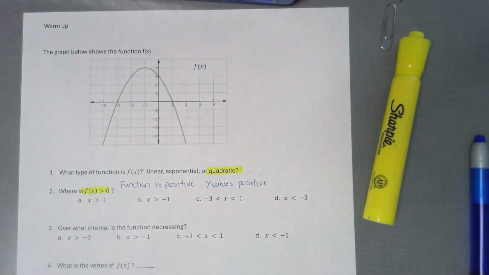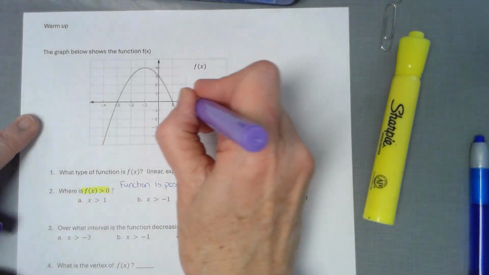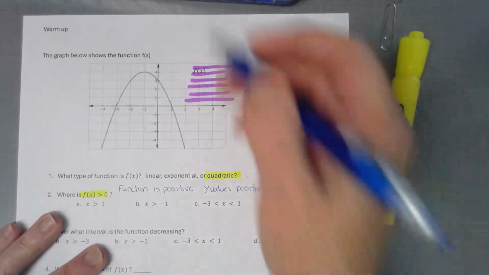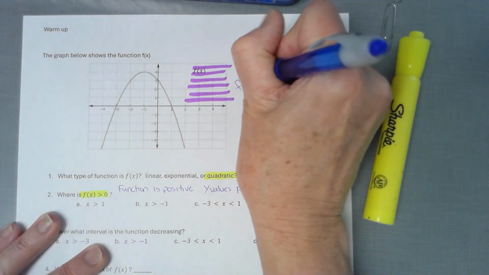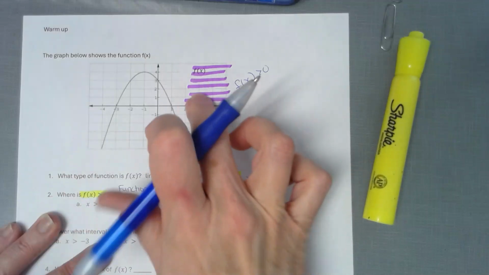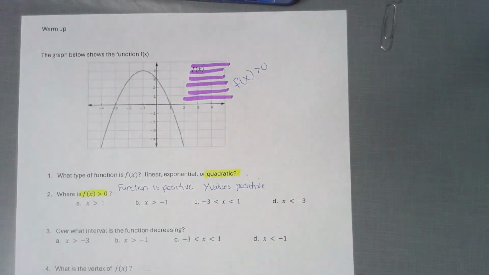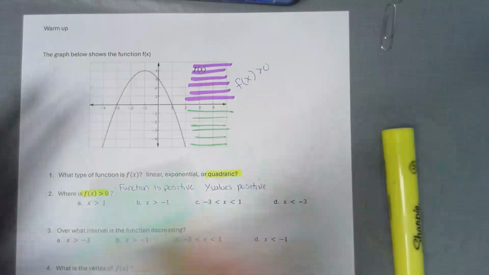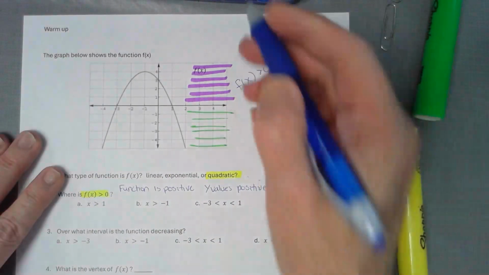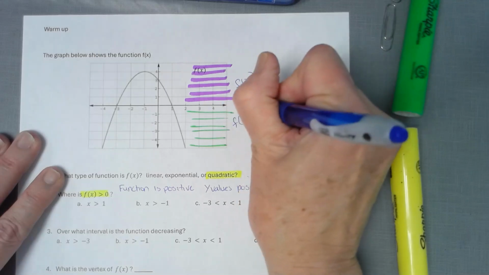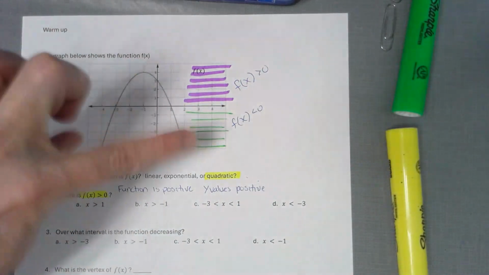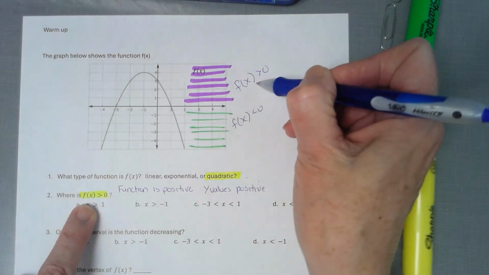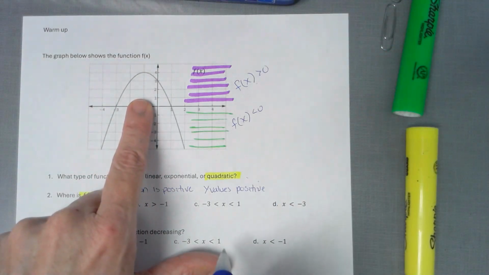So this is where f of x is greater than 0, above the x-axis. This is where f of x is less than 0. That's where your y values are negative, and we took notes on that yesterday. So when it says where are the y values positive, we should be up here.